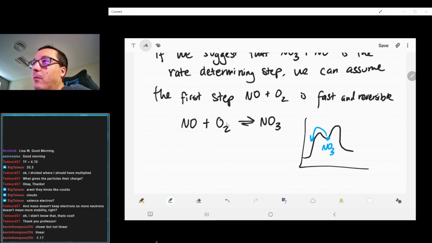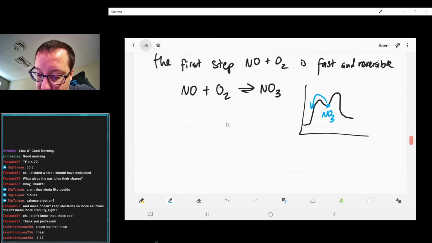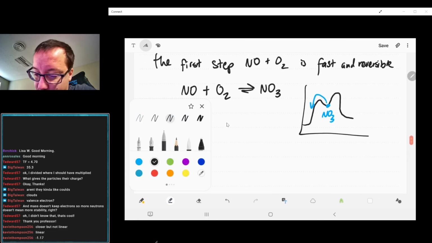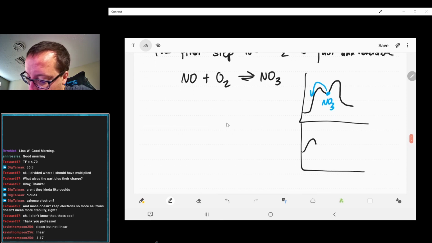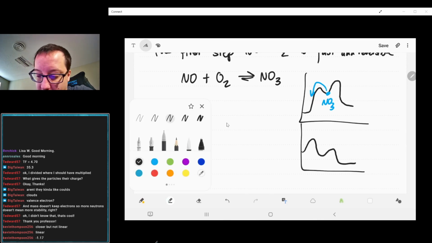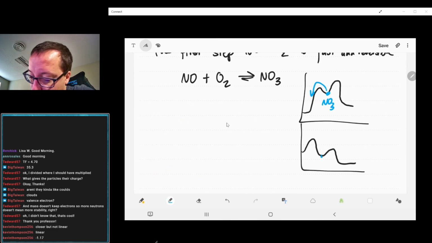And so it'll probably do that. If we compare with something where we had a slow first step, we maybe were going like this. If we're looking at our NO3, it's more likely to just keep on going, right? Just in terms of the energy humps that it has to go over.